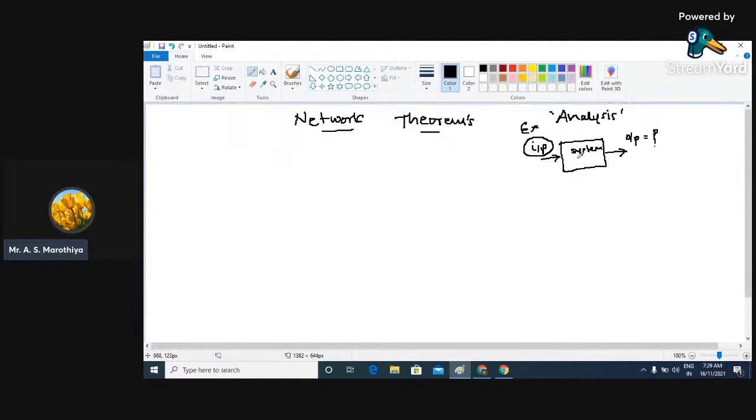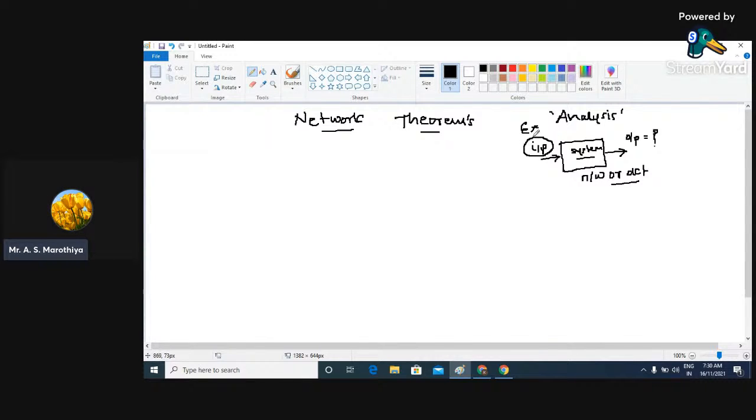For example, with respect to our course, this system is going to be either a network or a circuit. That means we know the system. It means that we know what kind of structure is available with us, what kind of circuit is available with us. In the same way, we know the input.